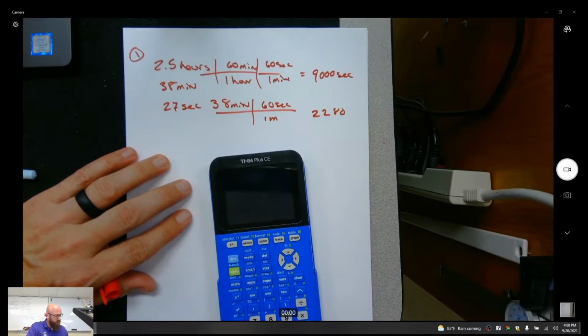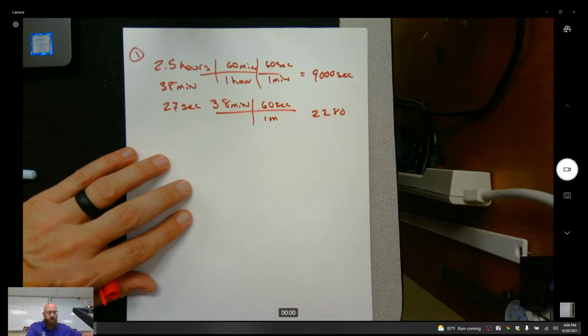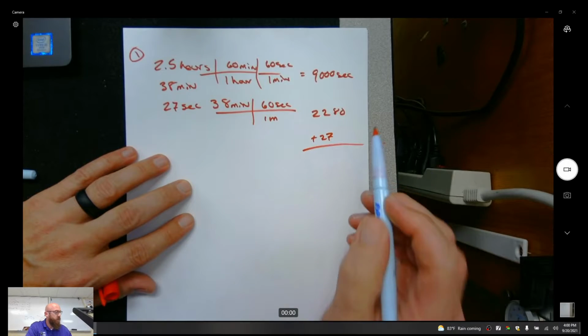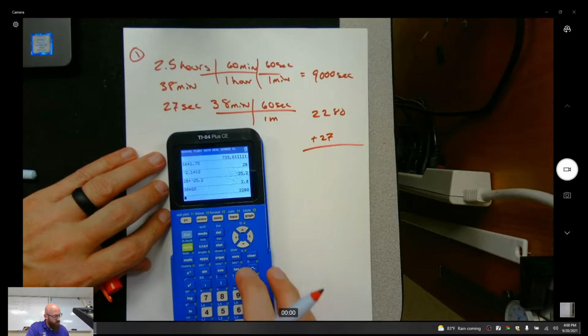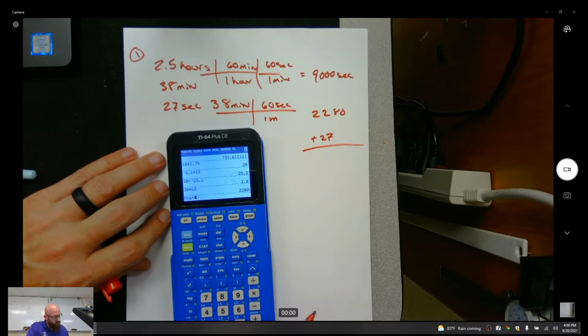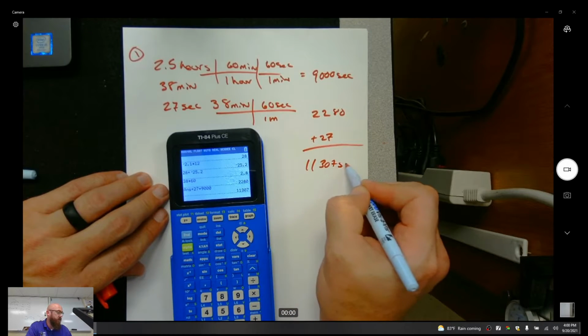Hold on, calculator: 38 times 60 is 2,280. Okay, cool. And then the 27 seconds adds in there. So 2,280 plus 27 plus 9,000 gives you 11,307 seconds.